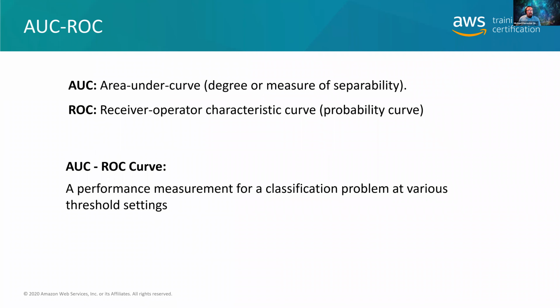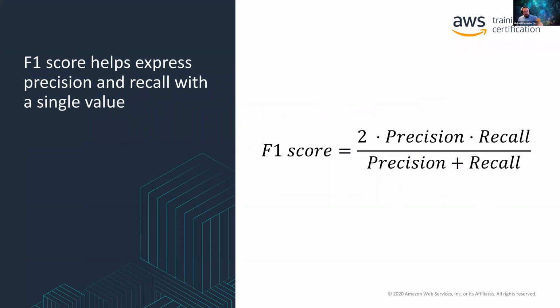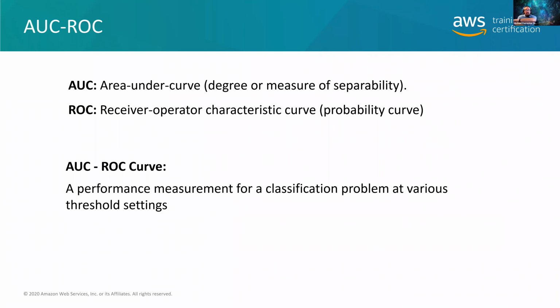All right. So F1 score is another one. Thus far we talked about accuracy, precision, recall, and F1 score. Now, area under the curve is another evaluation metric. The receiver operator characteristic curve is just a curve of probability, and AUC measures separability.